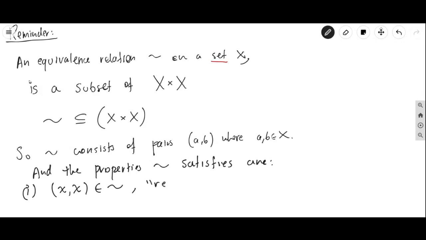This is called the reflexive property. And the shorthand notation that people use is we write x is related to itself. That's what we say, x is related to itself. That's the way we write it. But formally speaking, you're saying that the pair where both of these are the same is an element of this relation.